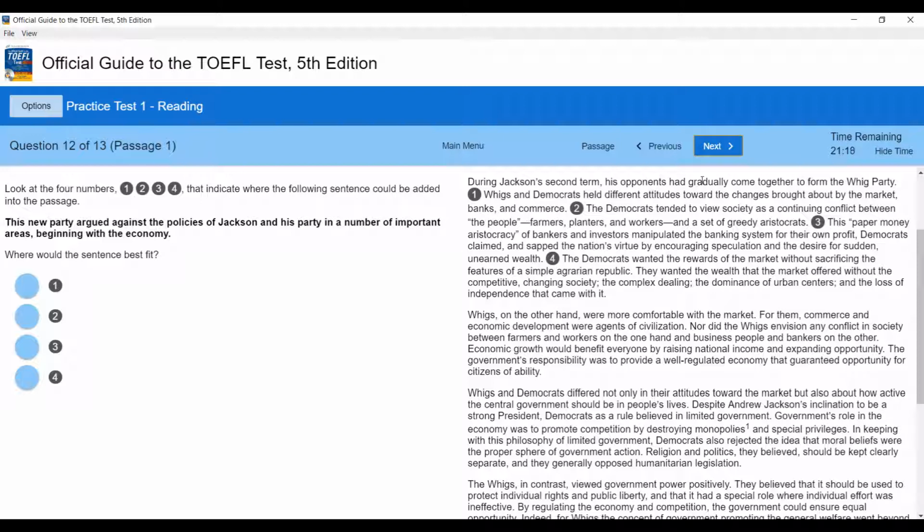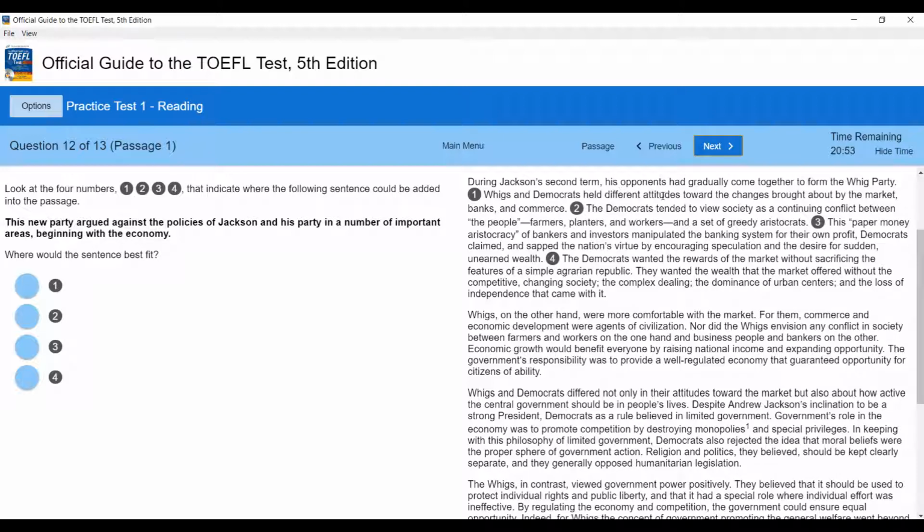Okay, his opponents had gradually come together to form the Whig Party. So to form, that would be something new. And then looking at that sentence, this new party argued against the policy of Jackson. So it is also referring to Jackson in that sense as well. And his party in a number of important areas, beginning with the economy.